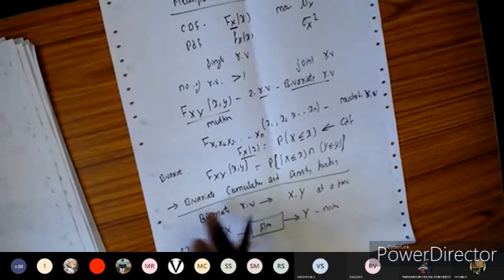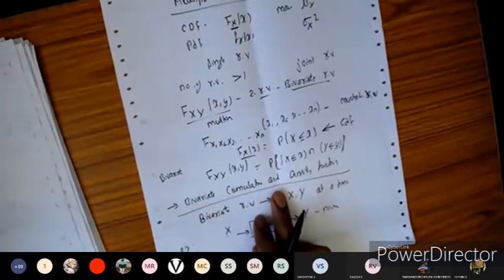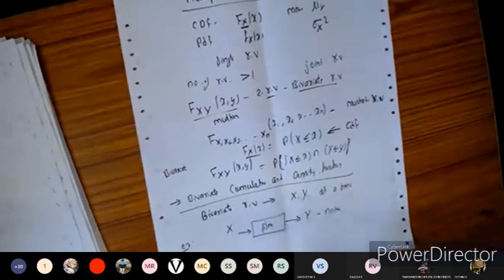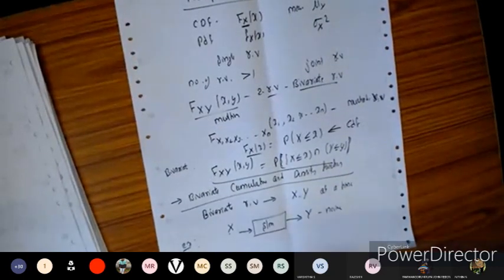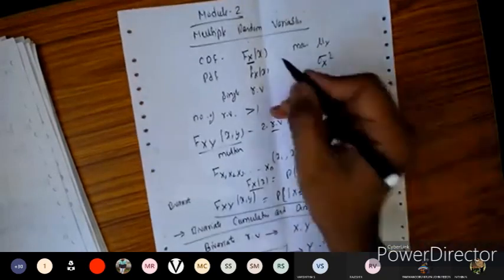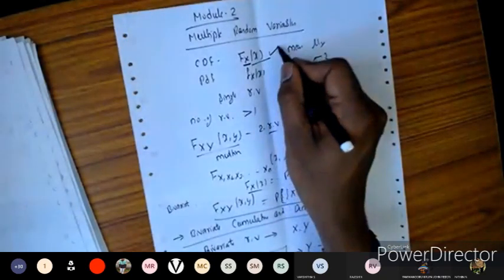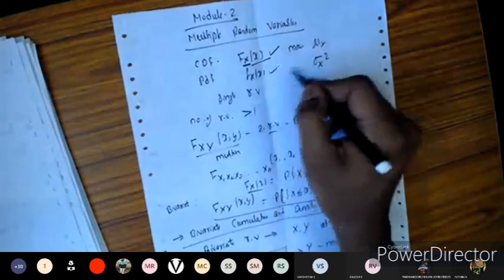Now let us define the bivariate CDF for these random variables. I already defined it, but I'm going to repeat the same concept again, so there is no confusion. In the previous model, we considered a single random variable. We found the PDF, CDF, mean, everything.